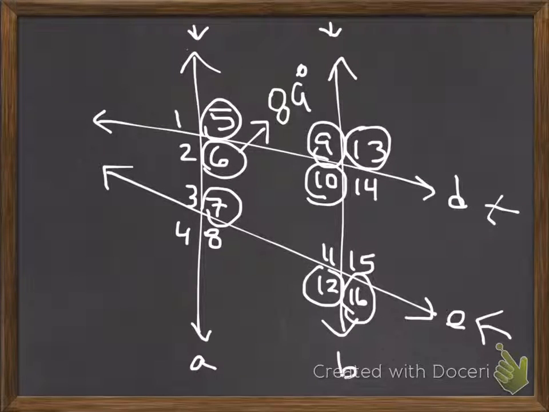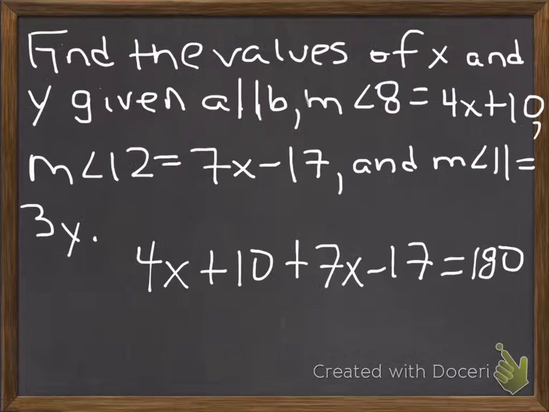And angle 11 and 12 are also supplementary or equal to 180. So once we solve for x, we're going to add angles 12 and 11 and put them equal to 180. So first we're solving for x.